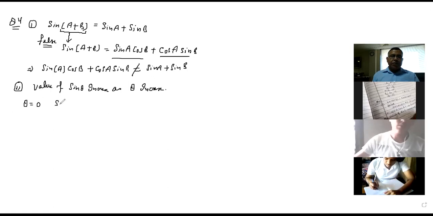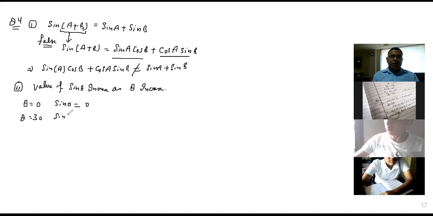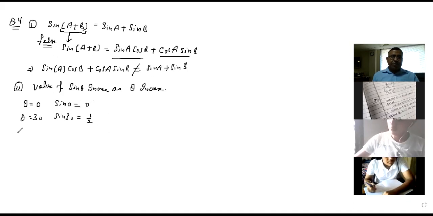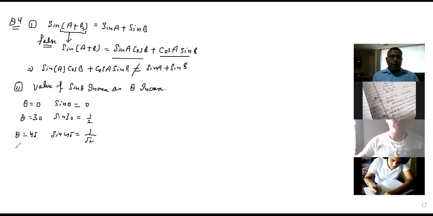When theta is 0, the value of sine 0 is 0. When theta is 30, sine 30 is half, so it has increased from 0. At 45, sine 45 is 1 over under root 2, increased a little more.